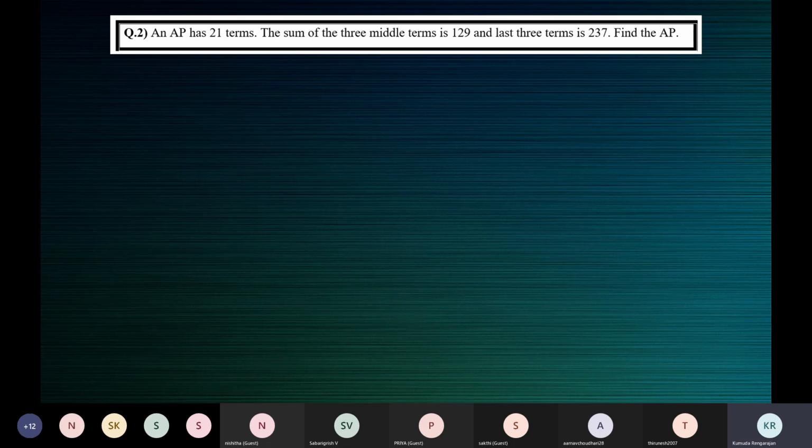The sum of the three middle terms is 129 and the sum of the last three terms is 237. Find the AP. Done? Yes, ma'am.